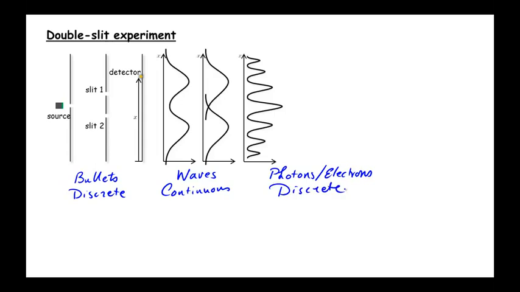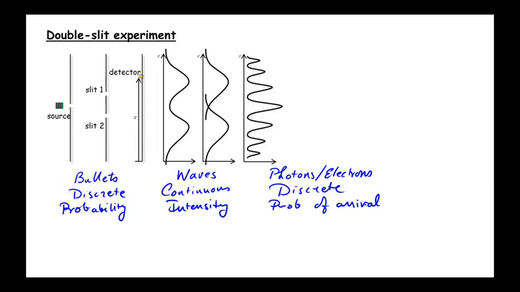In the case of bullets, we talked about the probability of arrival at x. In the case of waves, we measured the intensity or energy. In the case of electrons or photons, again we measured the probability of arrival, which we said is proportional to the intensity.